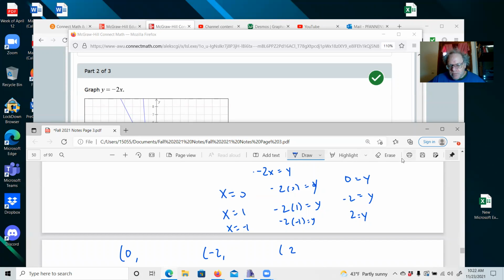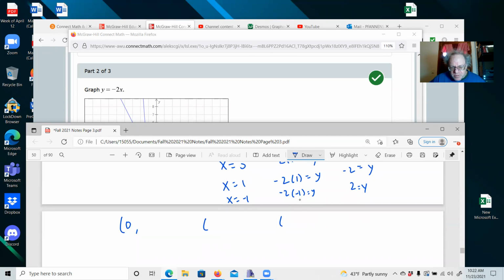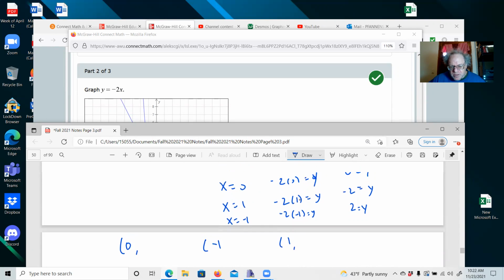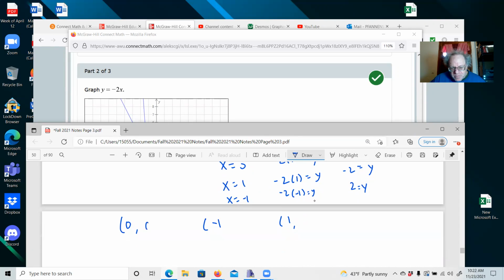Oh, no, we don't. Let me go back. I put in the y's. x equals negative 1, 0, positive 1. So when x was 0, y was also 0. When x was negative 1, y was 2. And when x was equal to 1, y was negative 2. Those are our 3 points.